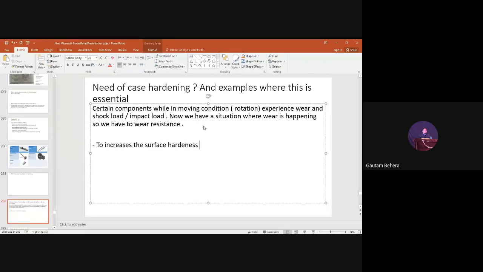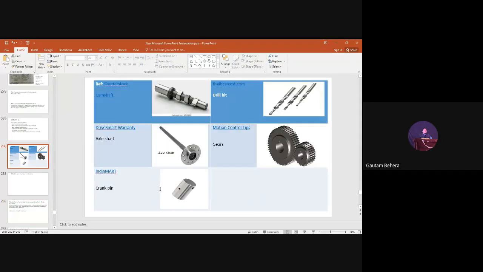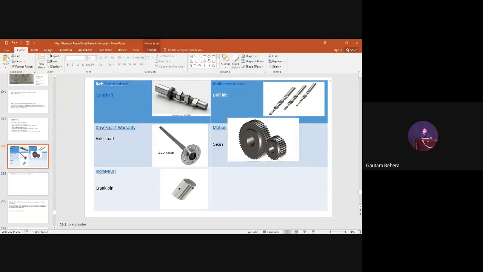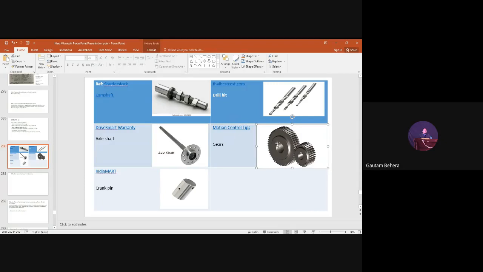So you can understand, if you have a drill bit, a camshaft, axles, crank pins, axle shaft, gears, right? These gears, everybody has seen, in your bikes, it is easily visible. So these things will undergo wear. To protect them, we have to increase the hardness of the surface only, right?